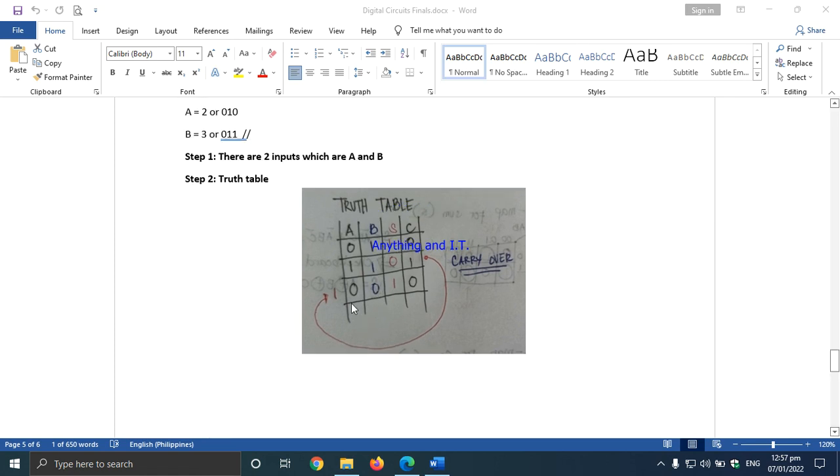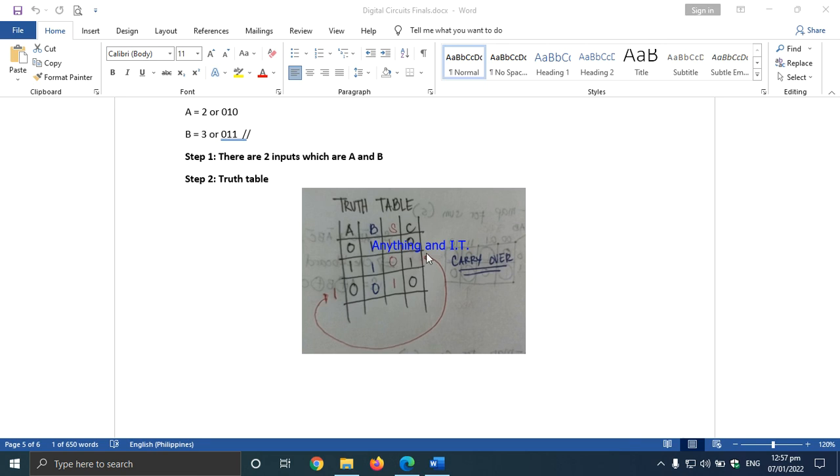Okay, so pag in-add natin siya, that will be 0 plus 1 will give you 1. Tapos wala siyang carry, so 1 plus 1 will be 0, carry 1.